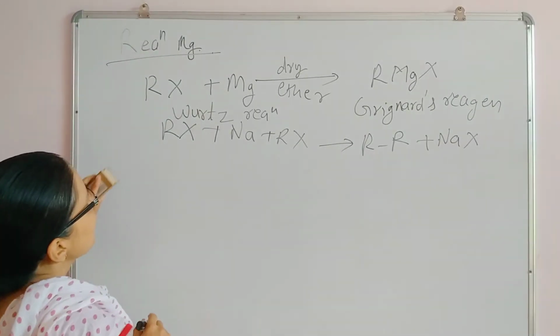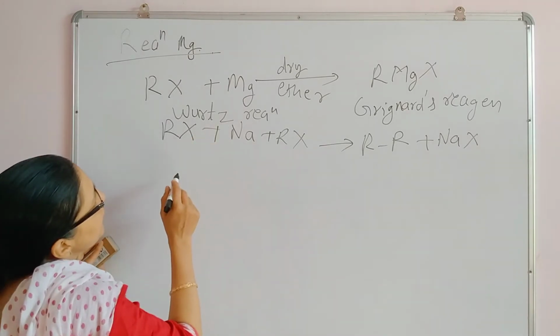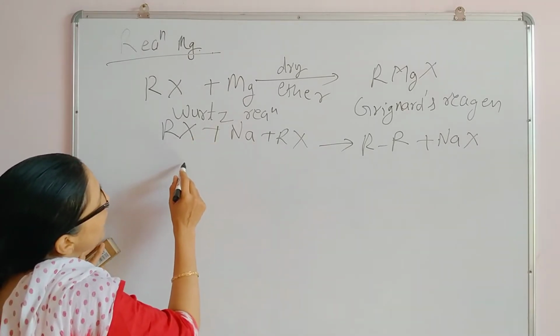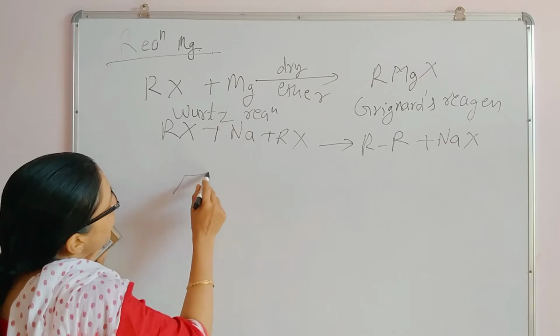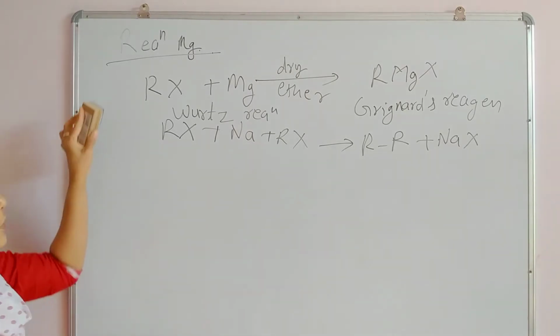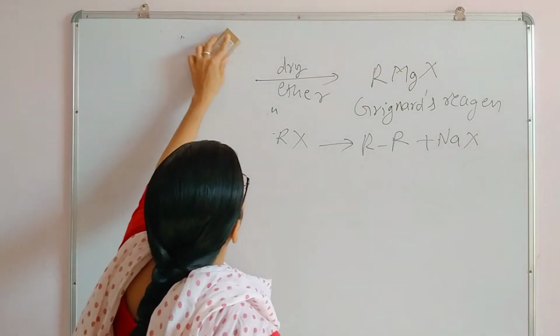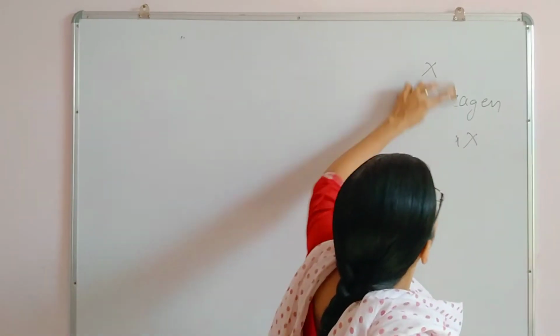In the same manner, if we go for some more reactions, like with one aromatic arene, I am taking, otherwise later we will do. So these are the reactions with Mg and sodium.